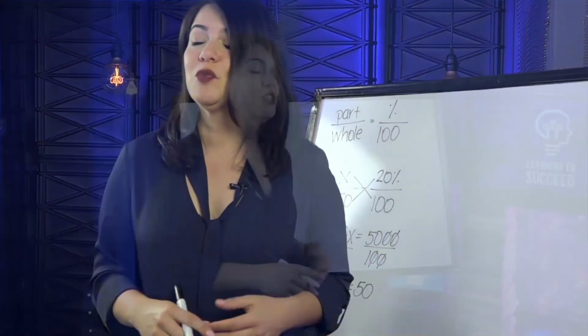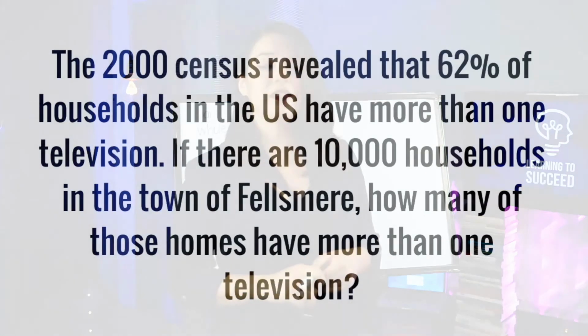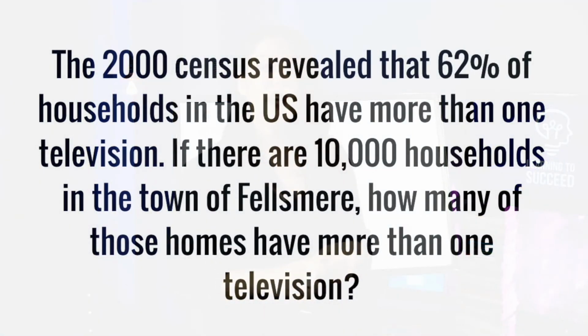Let's take a look at the next problem. The next problem says, the 2000 census revealed that 62% of households in the US have more than one television. If there are 10,000 households in the town of Fellsmere, how many of those homes have more than one television?